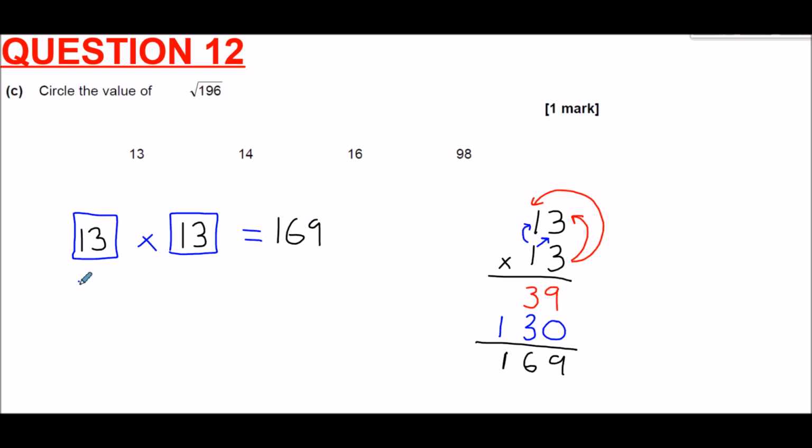So let's try the next option, which is 14 times 14. So let's try 14 times 14 now in the same way. So this is doing it the old-fashioned way. Just for the sake of variety, I'll remind you of my favourite way as it happens, which is the Chinese lattice way.